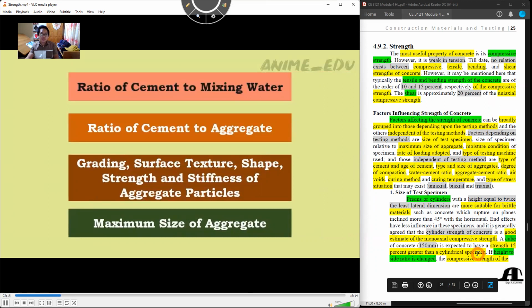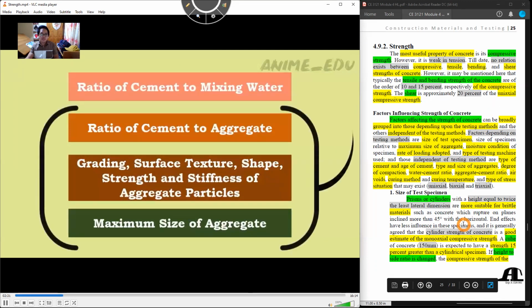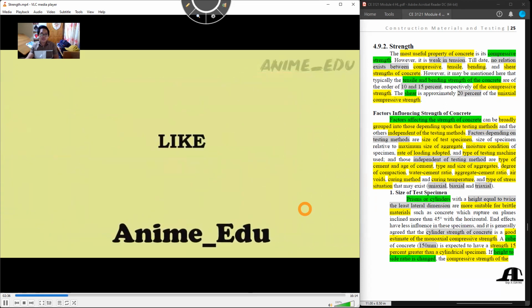The water-cement ratio primarily affects the strength, whereas other factors indirectly affect the strength of concrete by affecting the water-cement ratio. We will discuss each factor one by one in future videos. Thank you for watching. Stay tuned. The best is yet to come. Kindly do like, share, comment your views, and finally don't forget to subscribe our channel.